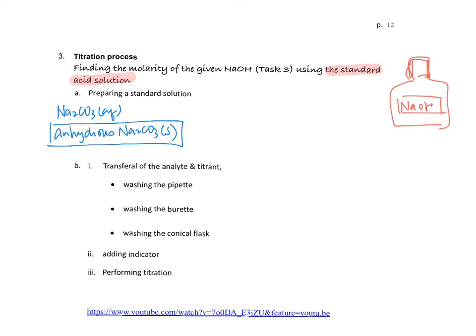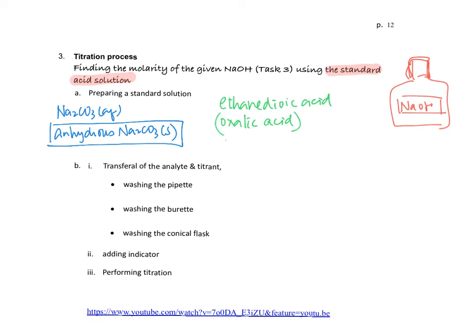To standardize our sodium hydroxide, we need to use a standard acid solution. And you know that concentrated sulfuric acid, concentrated hydrochloric acid, and nitric acid are not good primary standards. Now, the common primary standard for preparing a standard acid solution is ethanedioic acid, or its common name, oxalic acid.